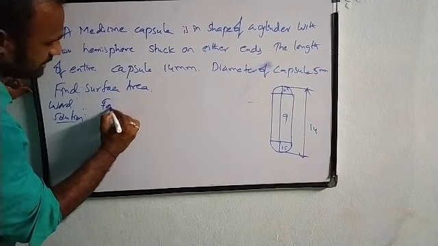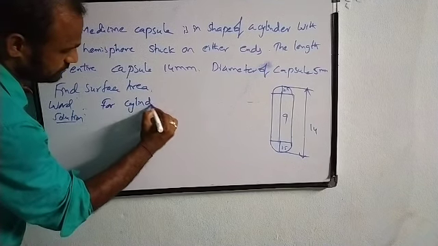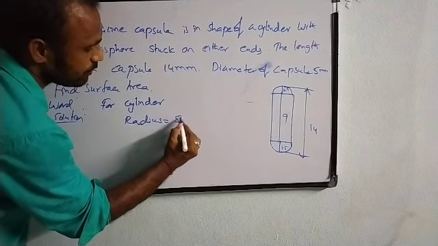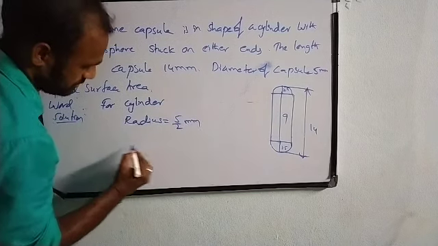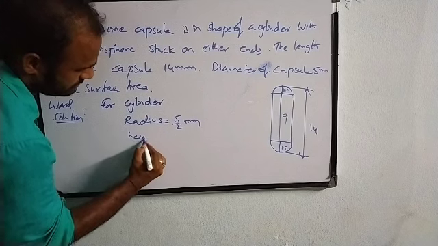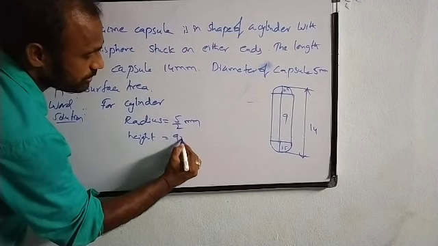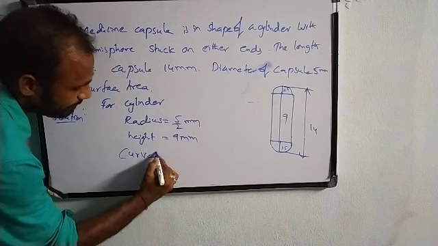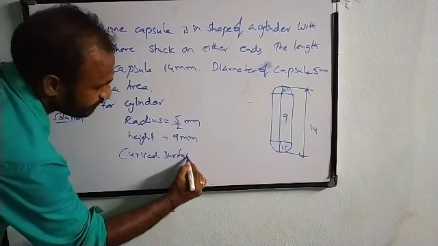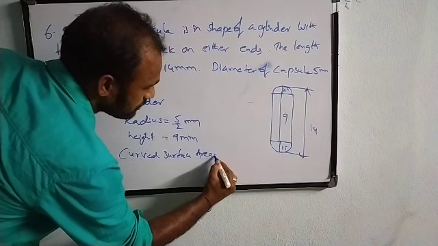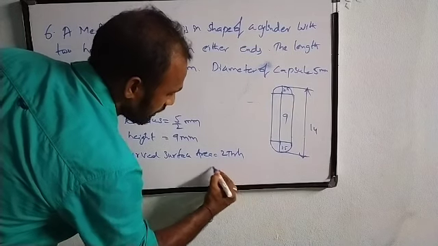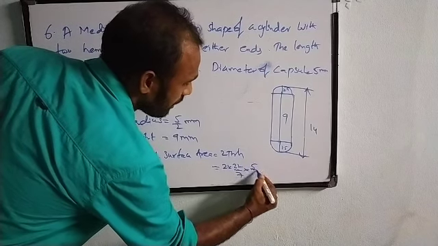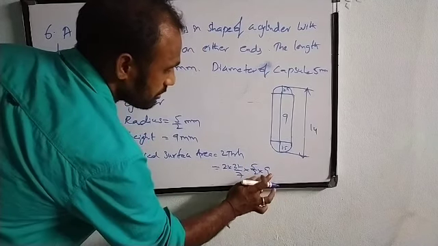First, for cylinder, radius is equal to 5/2 millimeter and height is equal to 9 millimeters. Curved surface area is 2 pi r h, that is 2 into 22/7 into 5/2 into 9.